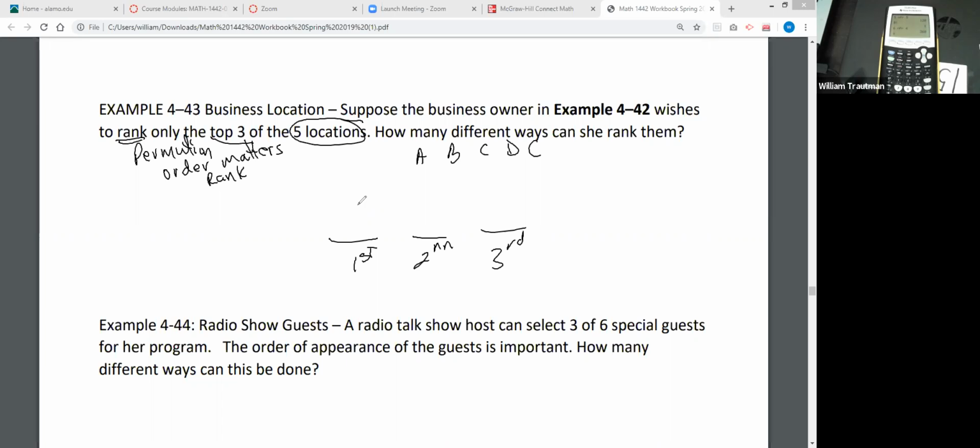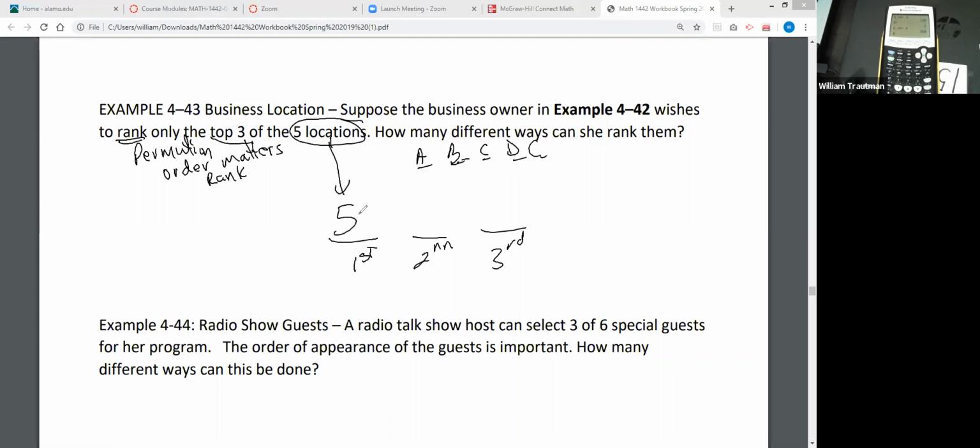We have 3 spots we have to rank. We've got to rank the best location. How many locations do I have to choose from to put in the first spot? And the answer is there are 5 locations.